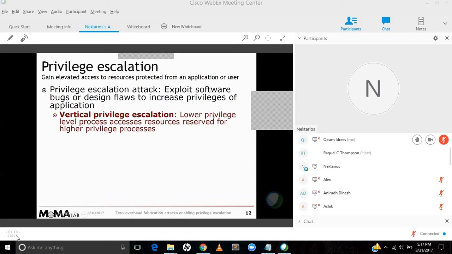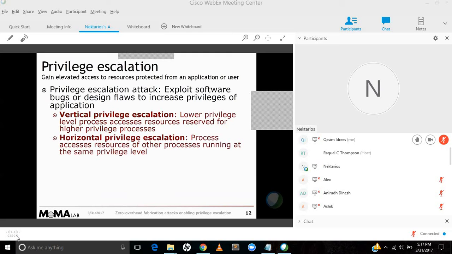So just to mention, there are two types of privilege escalation. The one I mentioned is you are running a user application and then you gain privileges and you go into the kernel. And there is also horizontal privilege escalation, where you, as a user, are able to attack a resource of another user.